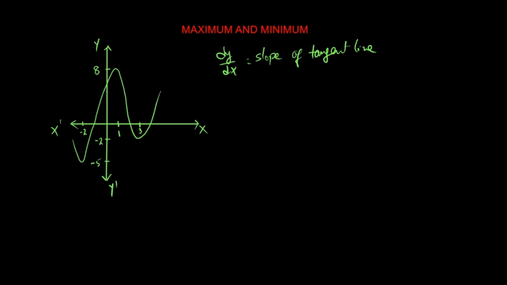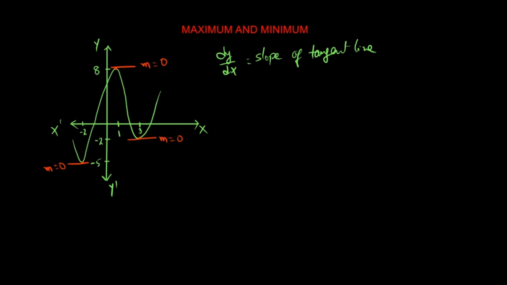Talking about the maximum and minimum points, at this point, the slope of the tangent line would be 0 because the tangent line is a horizontal line. At this point, the tangent line is also a horizontal line, so the slope is 0. At this point, the tangent line is horizontal, so the slope is 0. Because the slope of any horizontal line is 0.